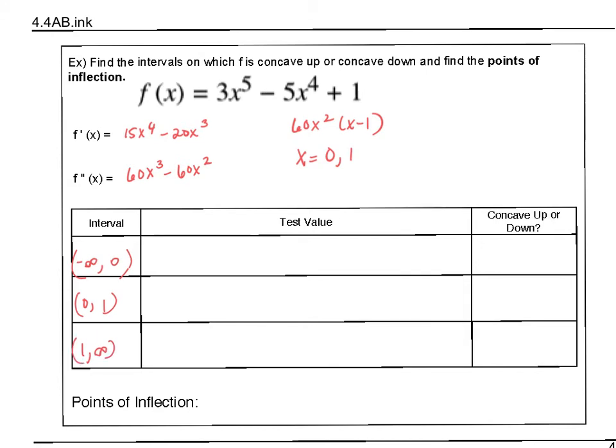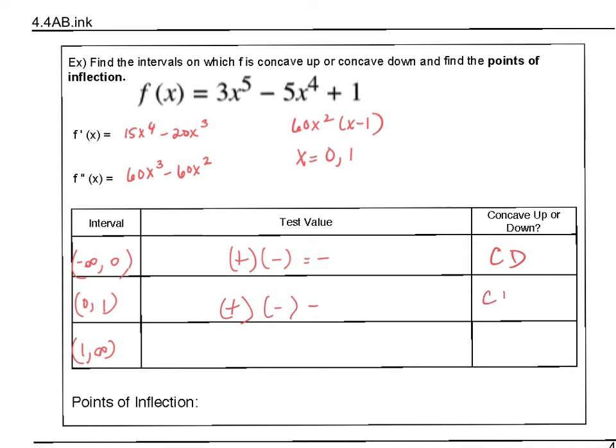Okay. So if we pick any negative value, negative 5 is in my head, then I would have a positive 60 times negative 5 squared, and then a negative 5 minus a 1 would be a negative. So this is negative, and therefore concave down. If I use a value like 1/2, positive for 60x squared, but negative for x minus 1.